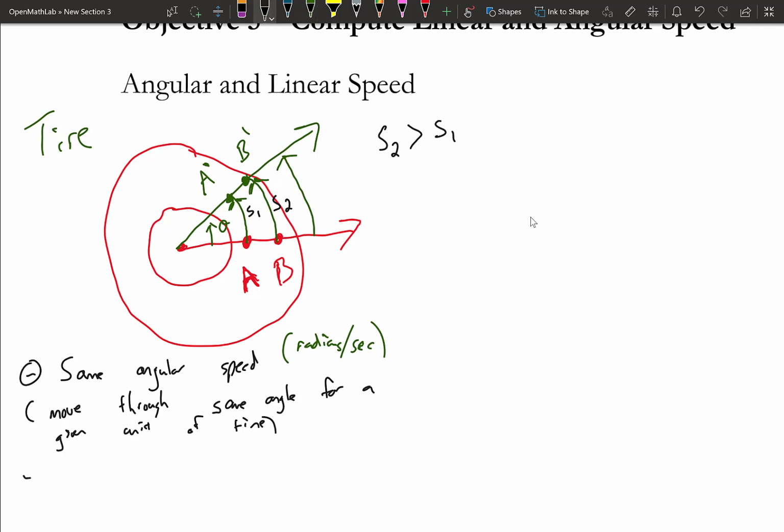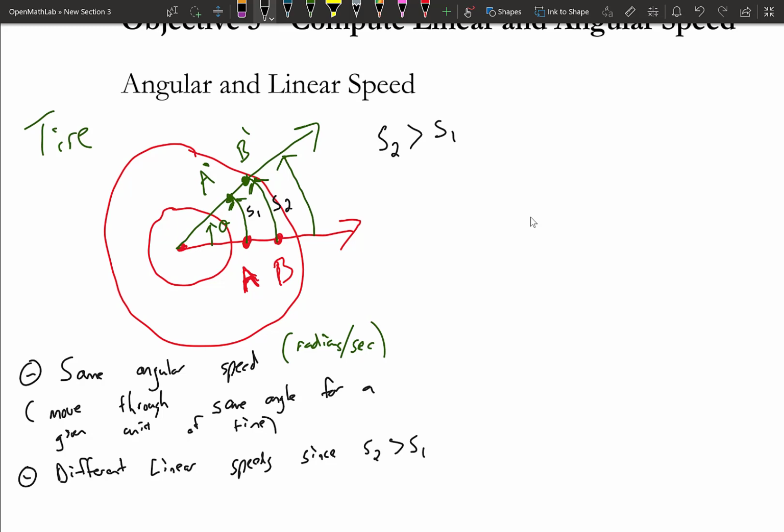However, we're going to have what we call different linear speeds, since S2 is greater than S1, right? We traveled further. So if you're traveling further in the same amount of time, you're going to be going faster.